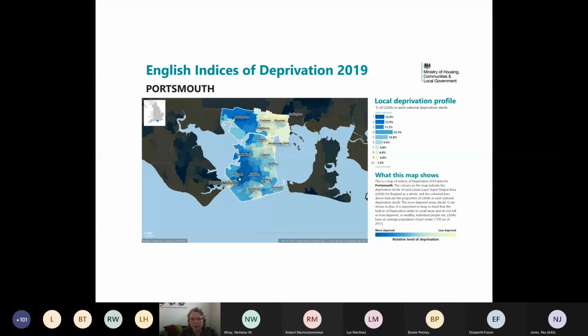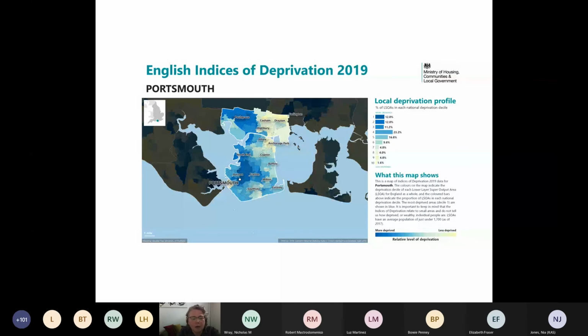Now, it's useful to look at these things, but in order to summarise what's going on, we need to download the data, and then we can drill in and match up to wards with high and low levels of deprivation. So if we look at this map, the dark blue blob at the bottom, that's within Charles Dickens ward, of which 11 of the LSOAs within that ward are in the 10% most deprived nationally, and 2 of these are in the 1% most deprived.